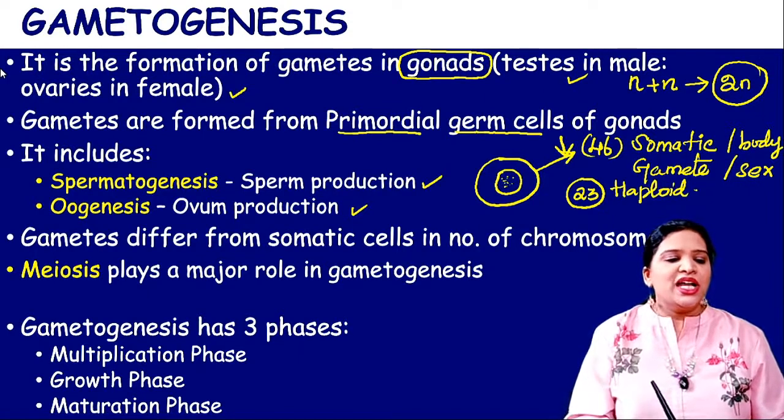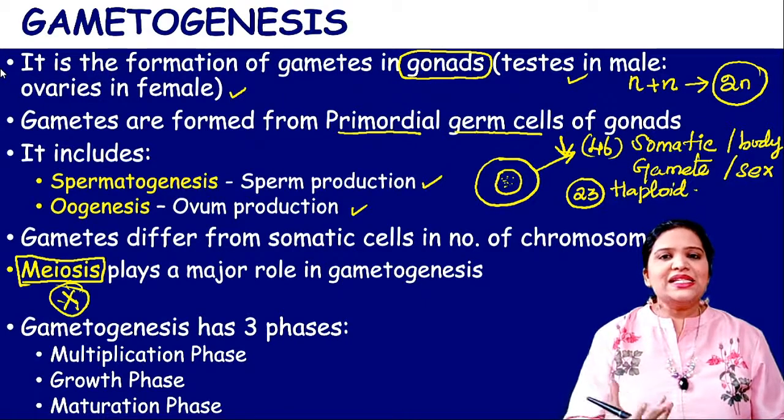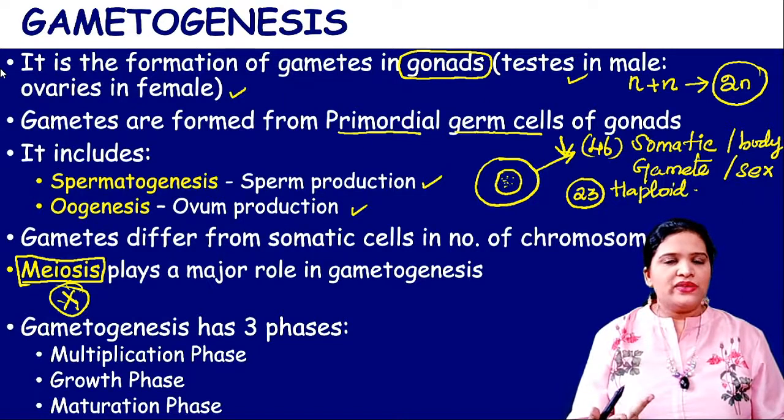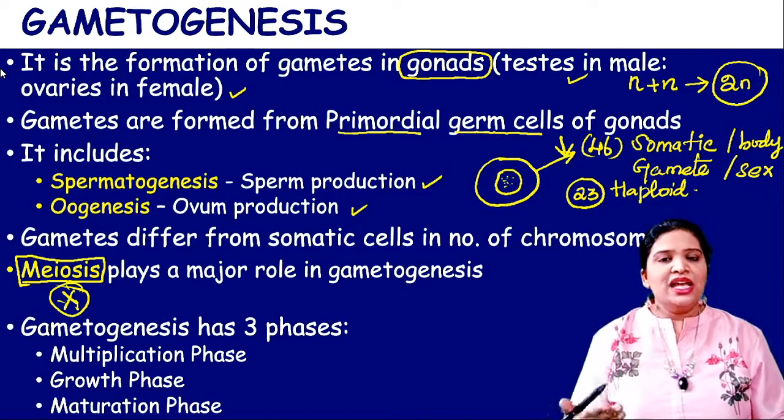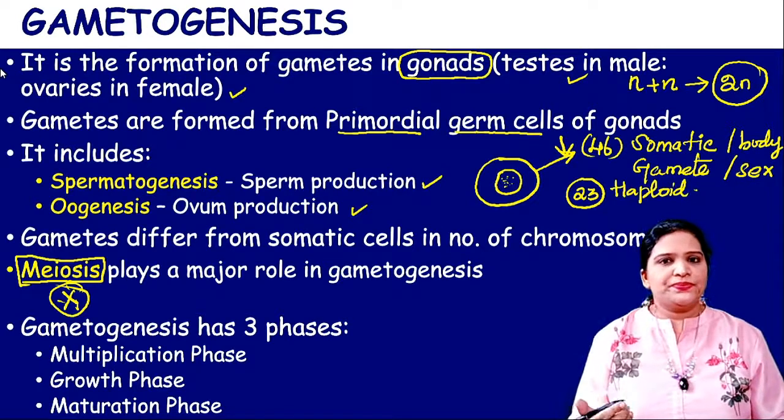The gamete cells undergo a process called meiotic cell division. This is very important. During gametogenesis, the cells undergo meiotic cell division. There are two types of cell division, mitosis and meiosis. Meiotic cell division is the reduction division. That is the basic thing.